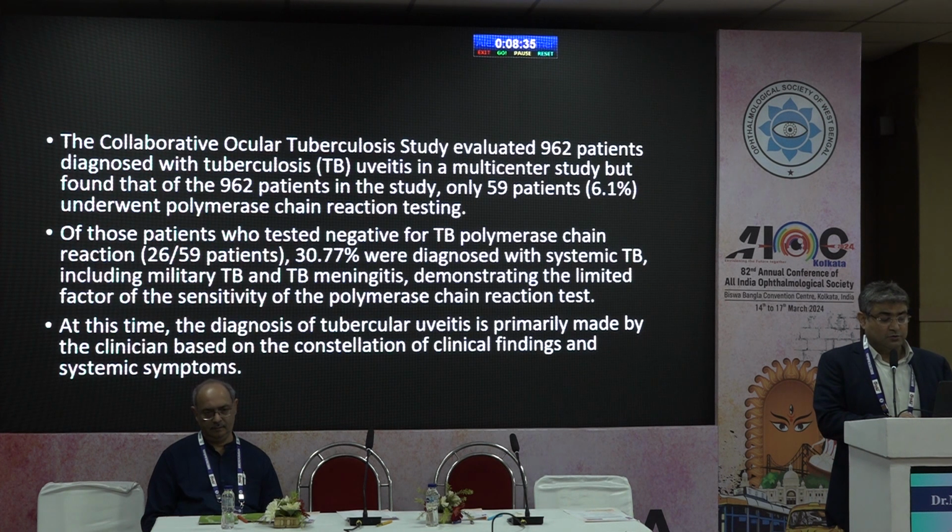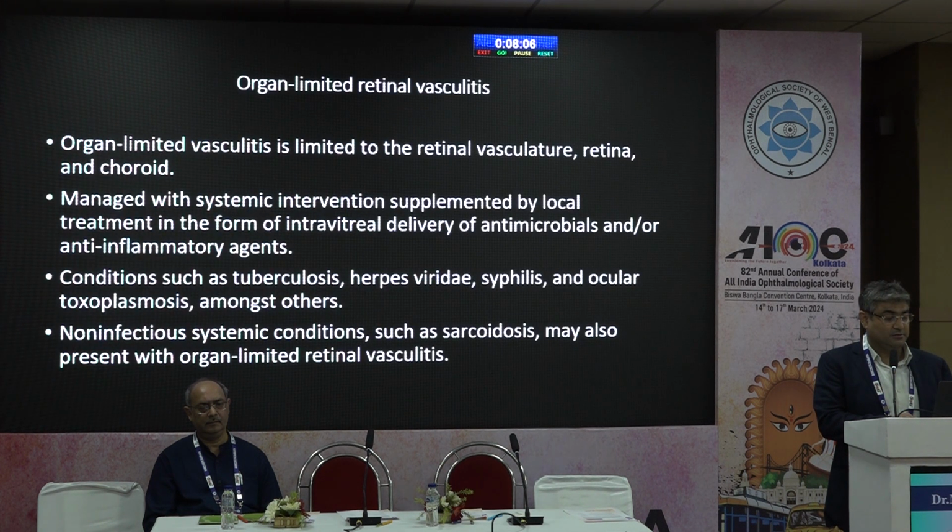And of those who tested negative for PCR, 30% of those patients had systemic disease, including miliary tuberculosis, tubercular meningitis, and that showed the limited sensitivity of PCR test. At this time, the diagnosis of tubercular uveitis is primarily made by the clinicians based on the constellation of clinical and systemic symptoms.